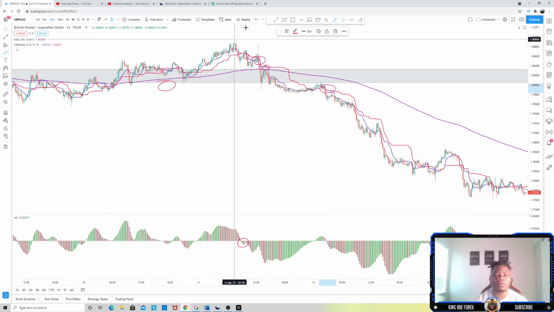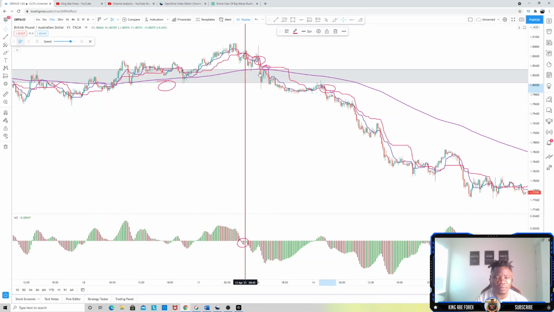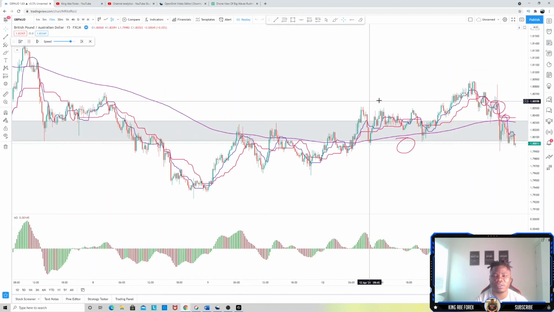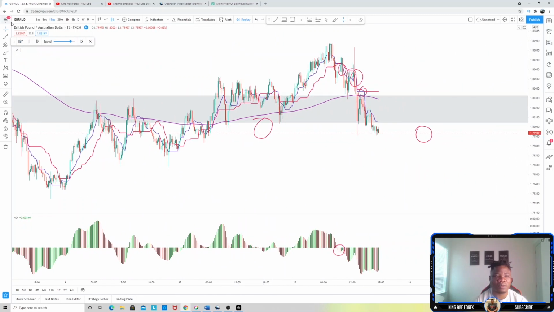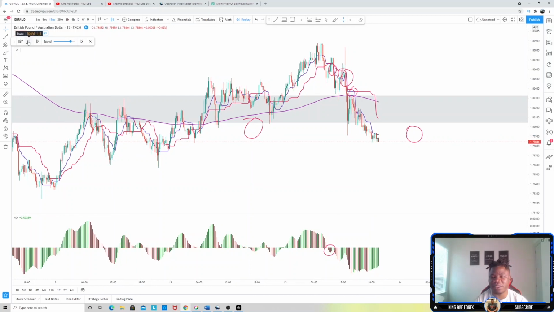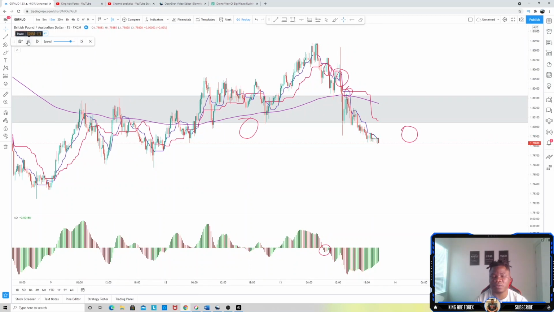But let's put this on the replay mode so that you guys can see what I'm actually talking about. Say we start from right over here. So you see we have the break right over here. You could have got in right over here, or you wait for that retest. Let's see that retest right over there in this replay mode.